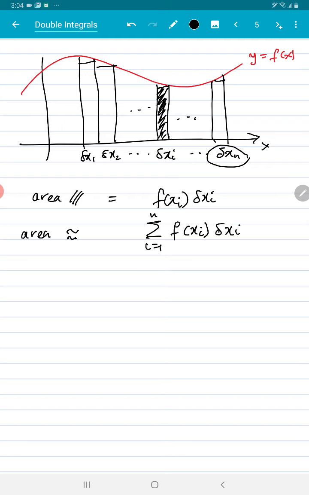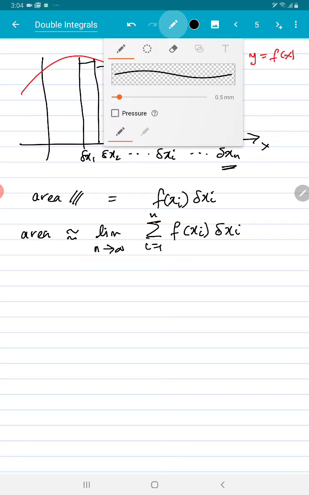If the width is very close to 0, then the number of rectangles is going to be a lot. So we take the limit of this as n goes to infinity, since the number of rectangles approaches infinity.